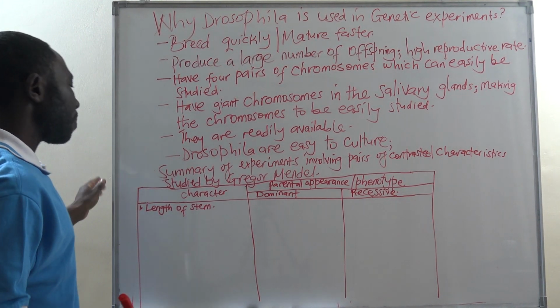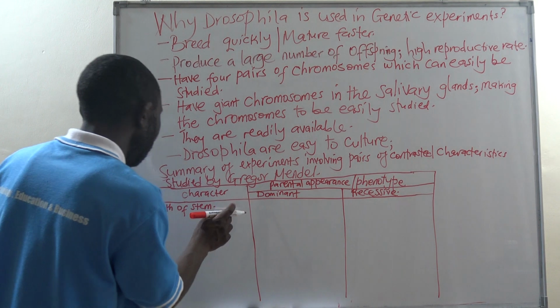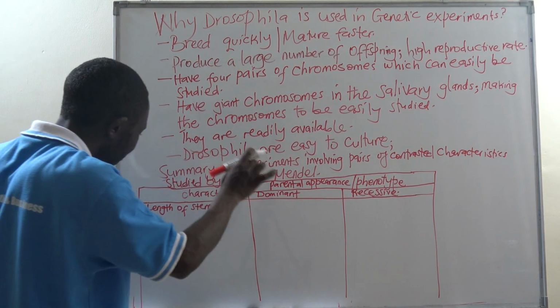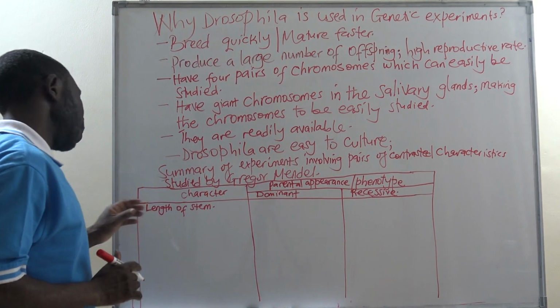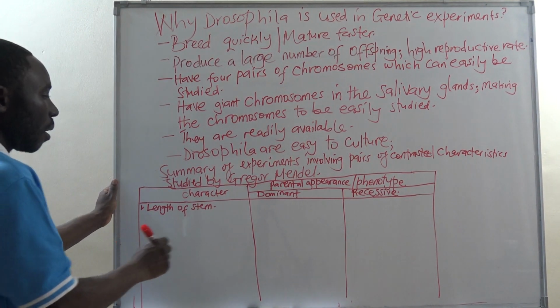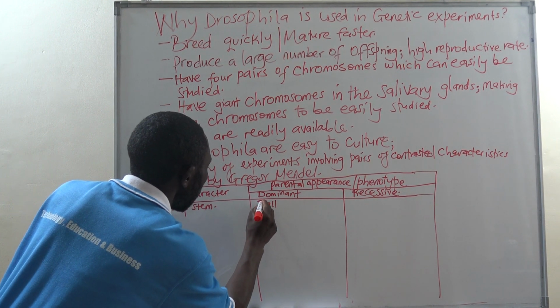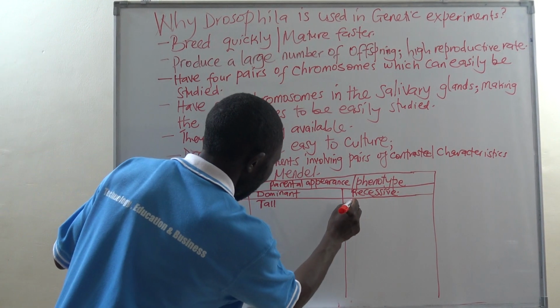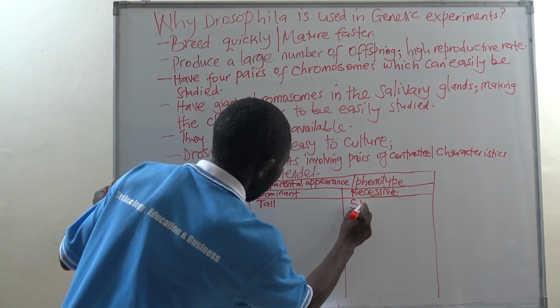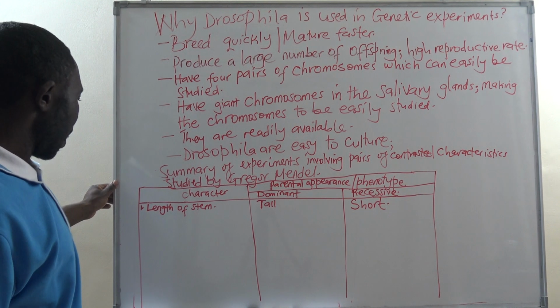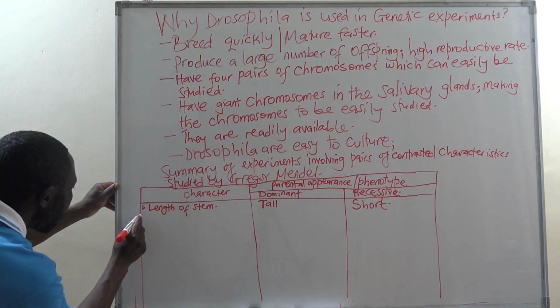The contrasted expressions of this character are 2. We have tall, which is dominant, and then short, which is recessive.